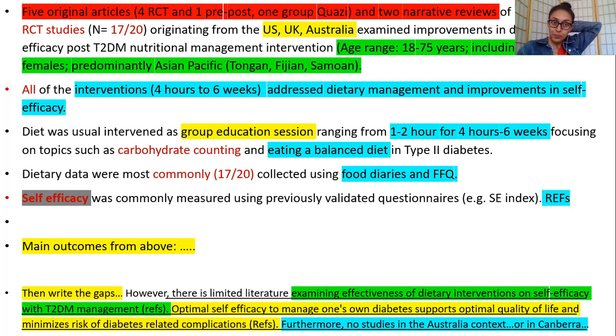So I hope you can now understand and appreciate this is the type of detail which is needed when you are summarizing previous articles and proving your point. A lot of students just directly jump on to this last statement over here. They miss all of this information out and they say, oh yes, the gap in the literature is that nobody has done such an intervention only on the Samoan population living in Australia, particularly in Canberra.